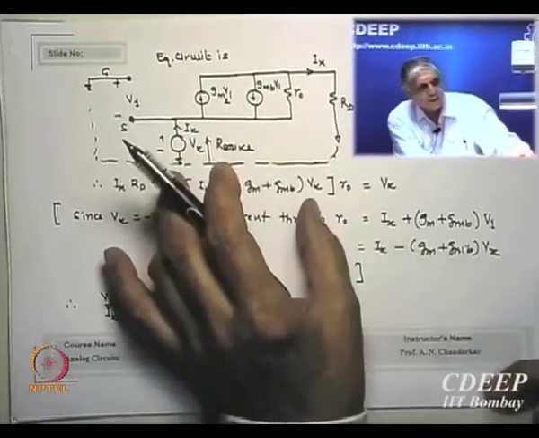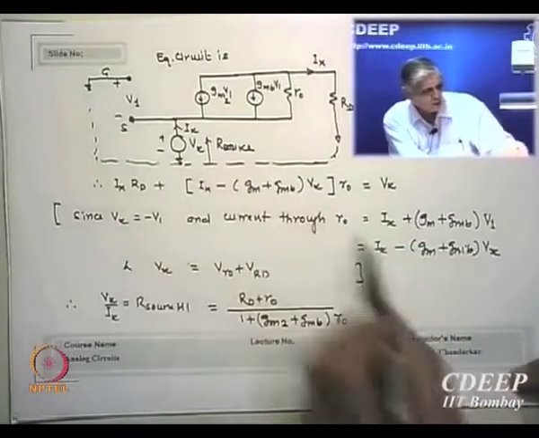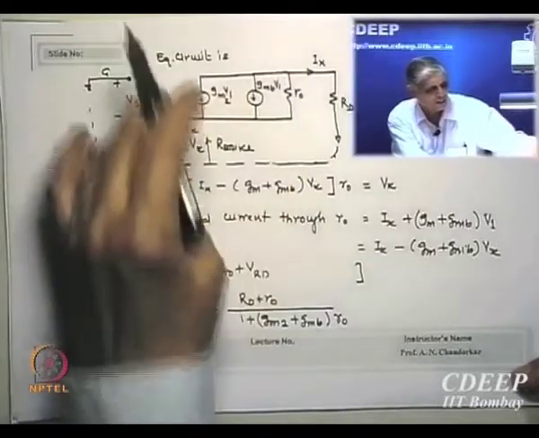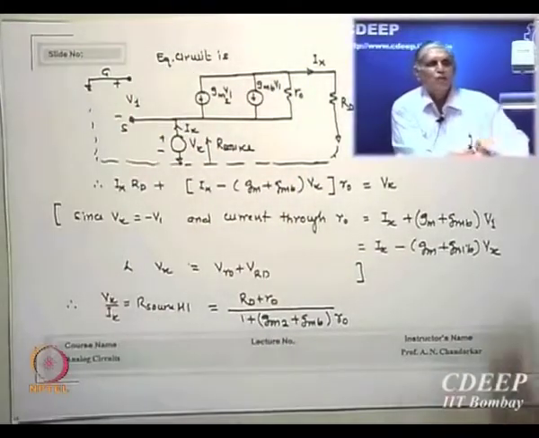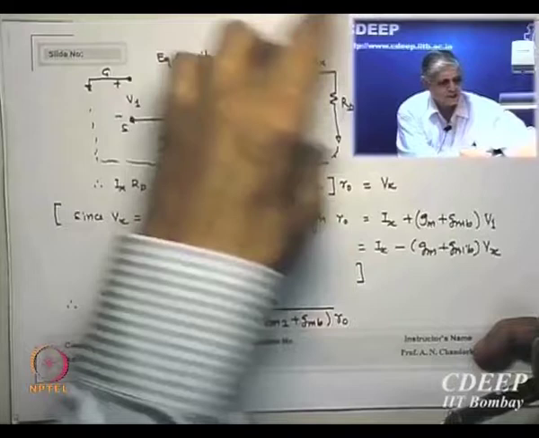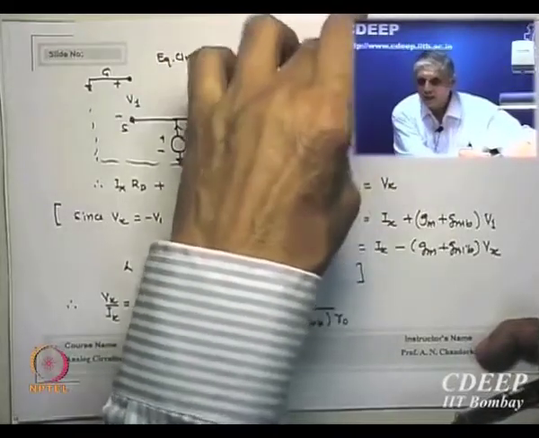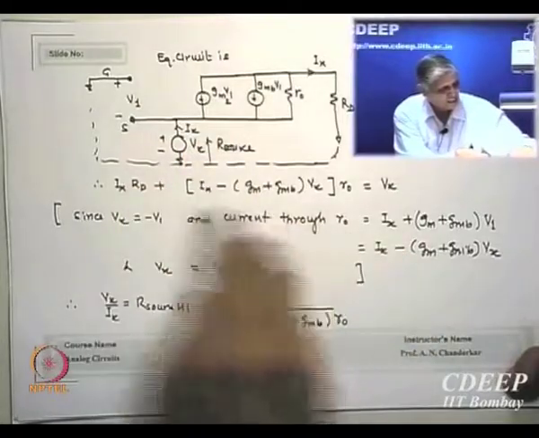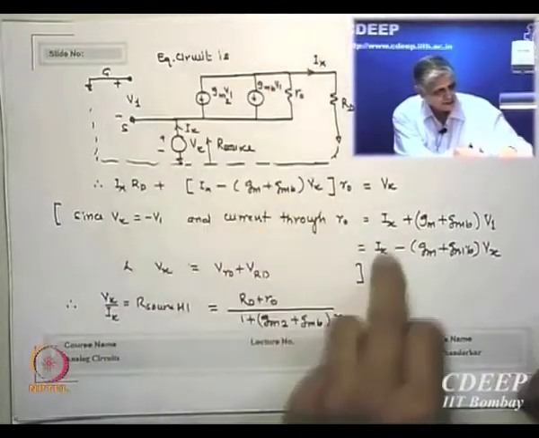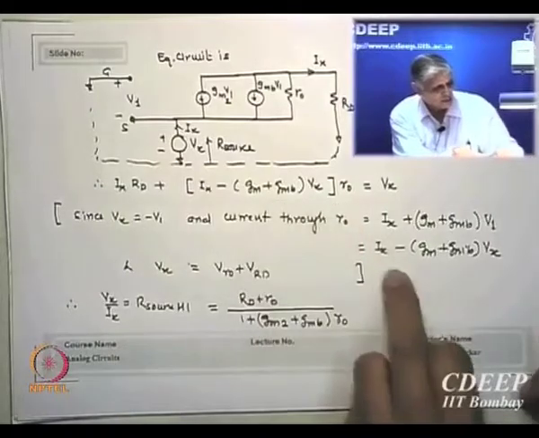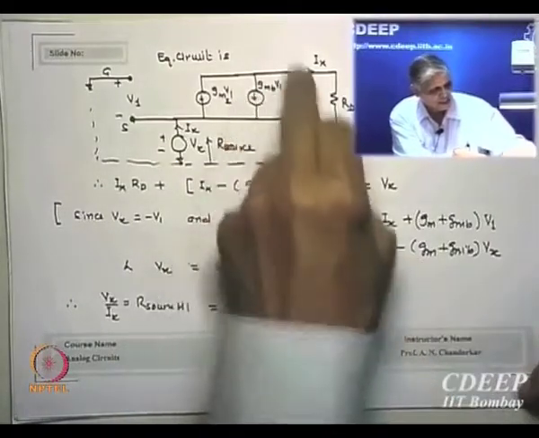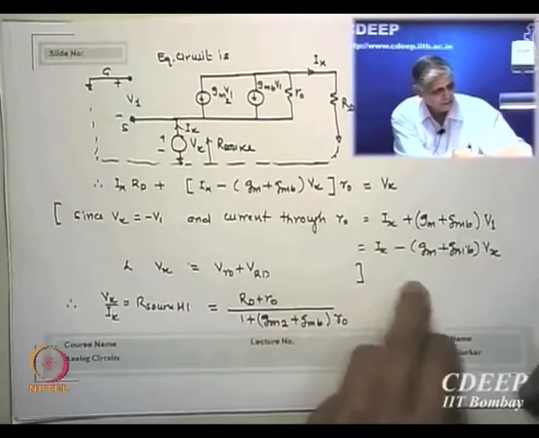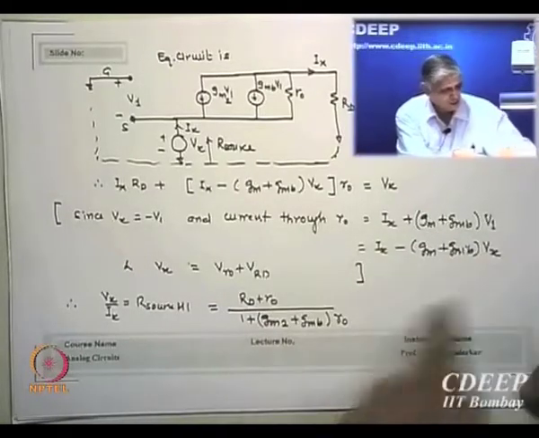I repeat: the drop across R0 plus the drop across RD is your Vx. Please look at it, this voltage is the drop across this plus the drop across this. The drop across RD is Ix RD. The drop across R0, with the current through R0 being Ix minus (gm plus gmb) times V1, is like this, into Vx.